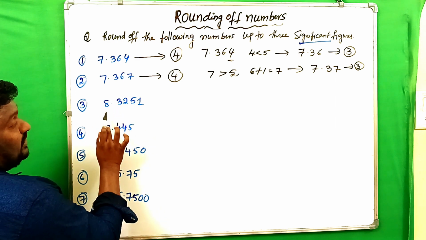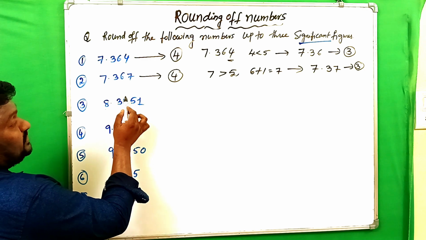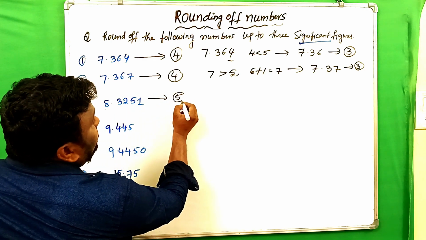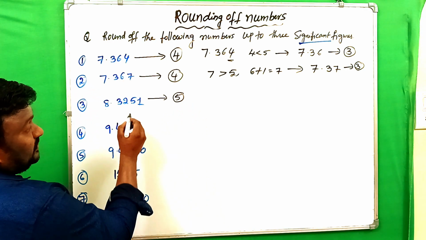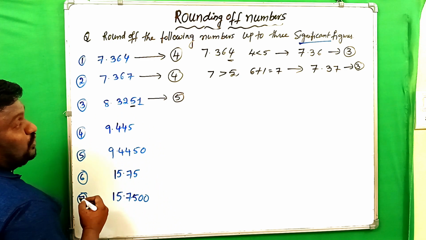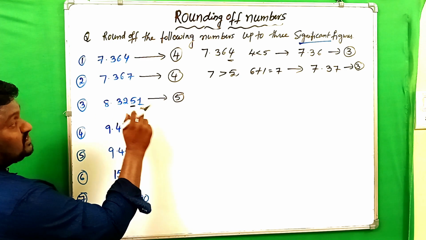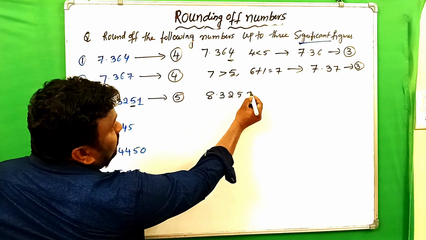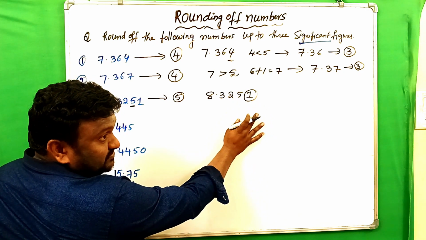And now 8.3251. This is another number. How many are there? 1, 2, 3, 4, 5. 5 significant figures. So now we have to observe. There is a 5 that is going to be dropped, and it follows non-zero digits. 5 follows the non-zero digit.